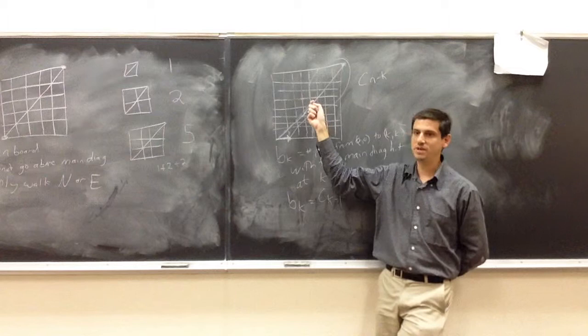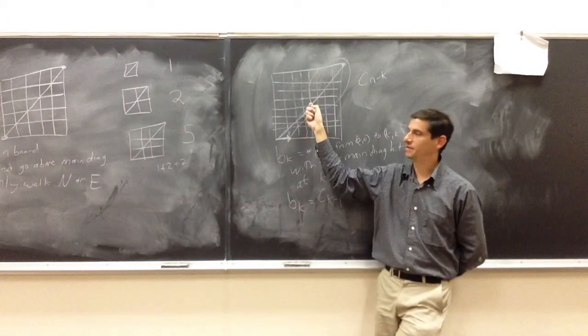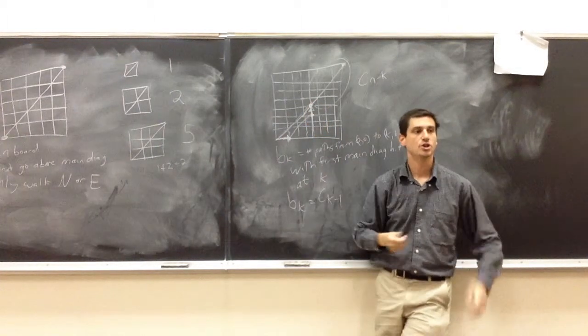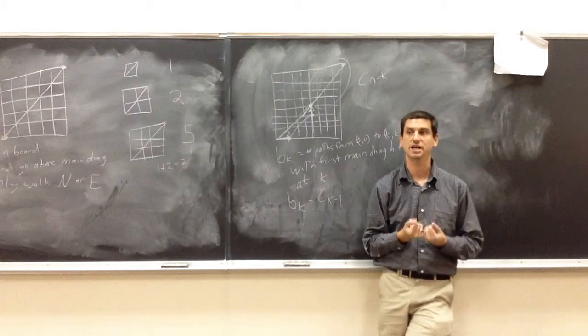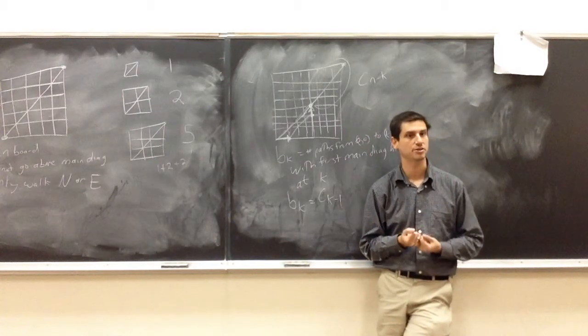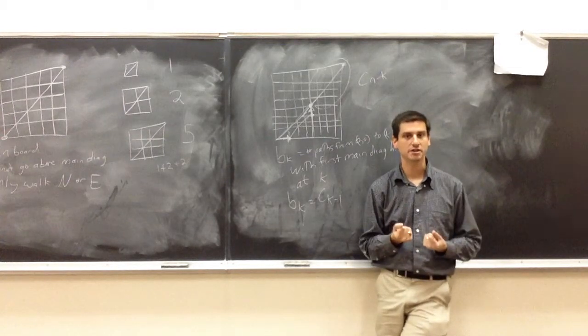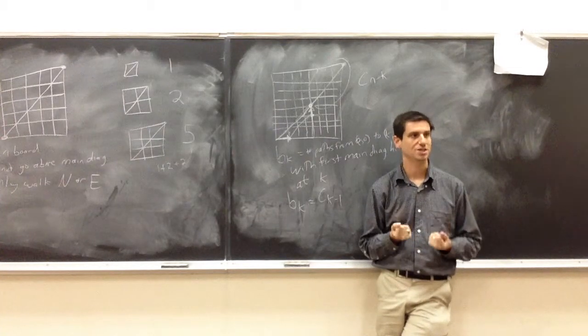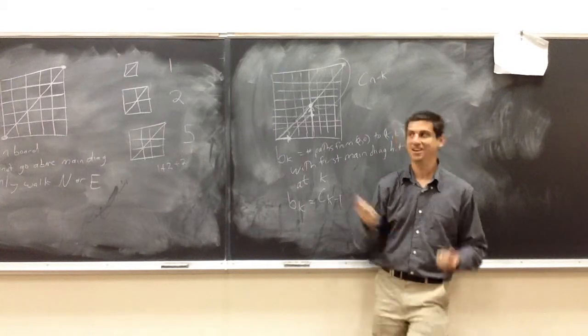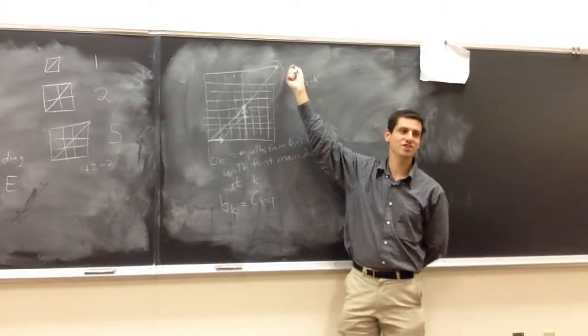Well, then that means that if I'm trying to say, have I counted something twice, no matter what path you give me, it's got to have a first point where it hits the main diagonal. Does every path have to hit the main diagonal at least once? Yes. Where do you have to hit? At the end. Worst case scenario, you hit there.